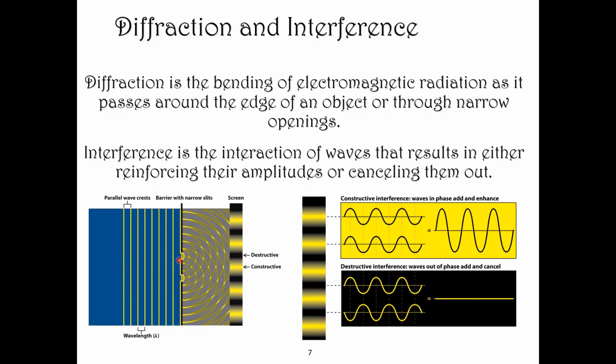So as these waves travel in this direction, the only spot they're going to be able to pass through this barrier is those narrow slits.